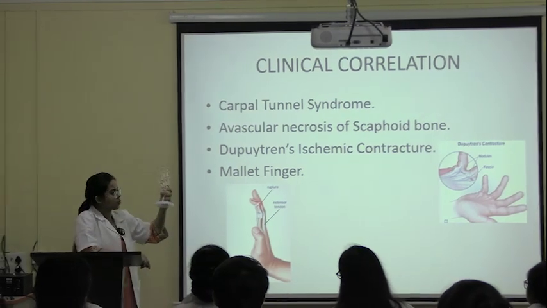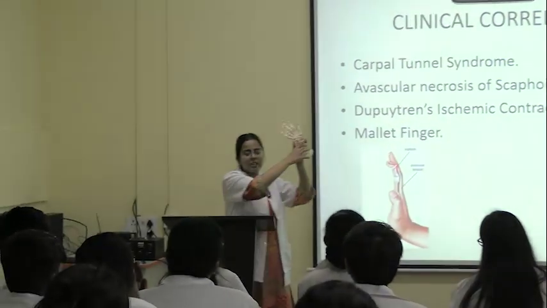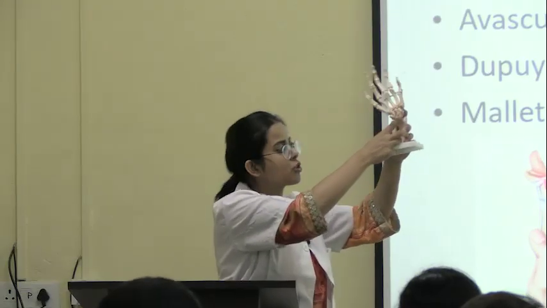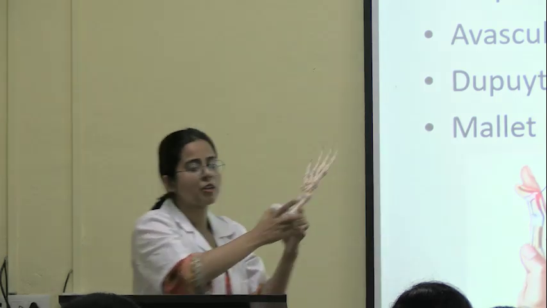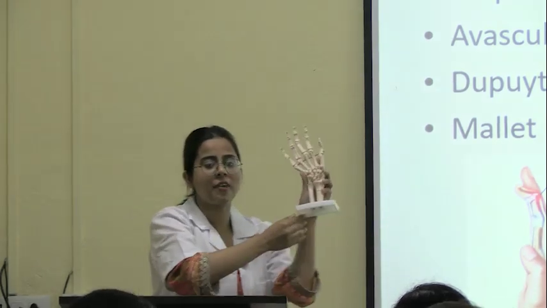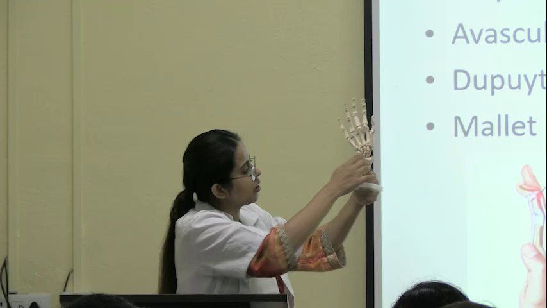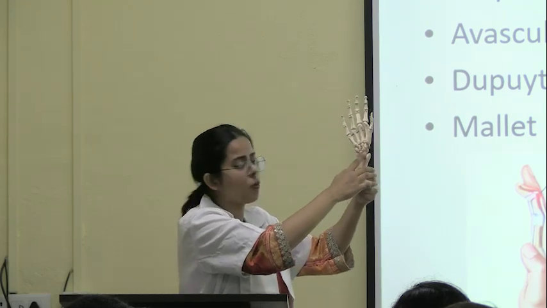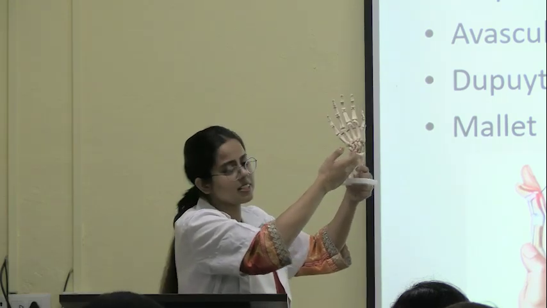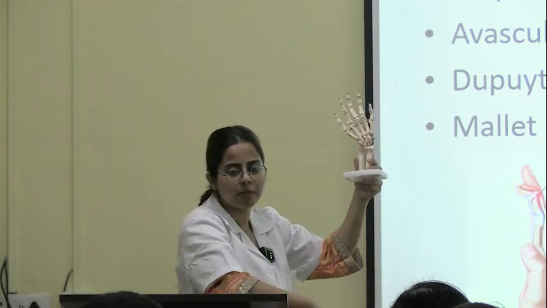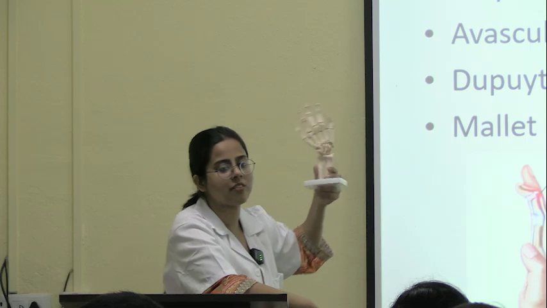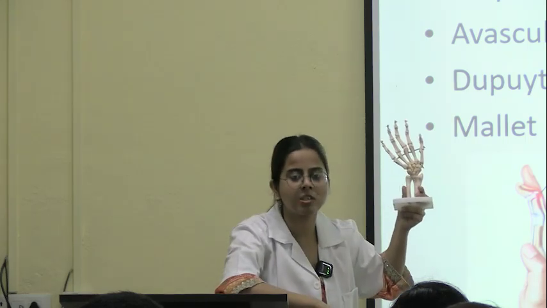The scaphoid is the most commonly fractured carpal bone, and the fracture commonly occurs in the waist. So the blood vessels passing from the distal part to the proximal part get cut, and there is avascular necrosis of the proximal part of the bone.